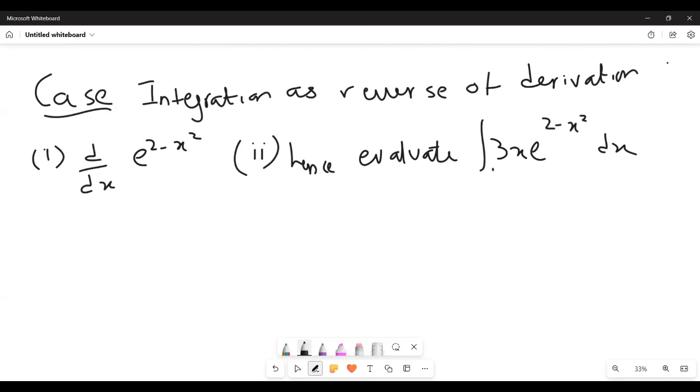And also we're given the limits 1, 2, 3. That's the question.